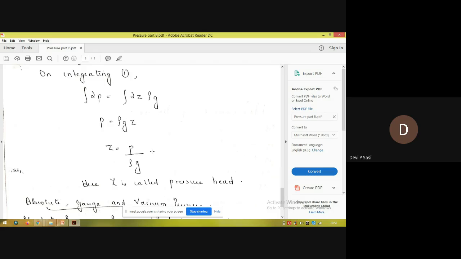So, once more, P is equal to rho G Z, where Z is the height of the fluid element. But if we are assuming H as the height of the fluid element, P will be rho G H. That is the derivation. Okay. Thank you.